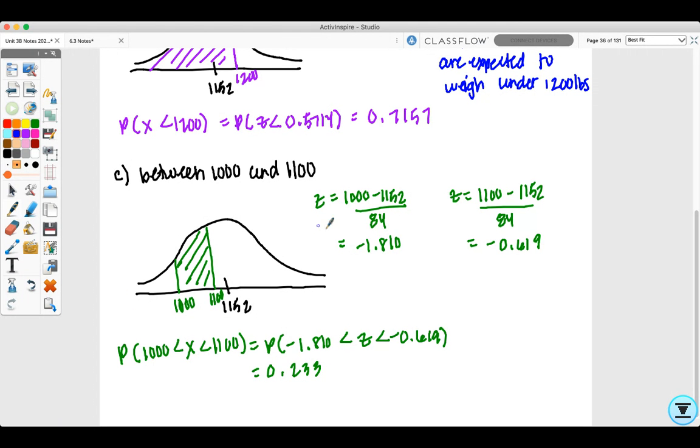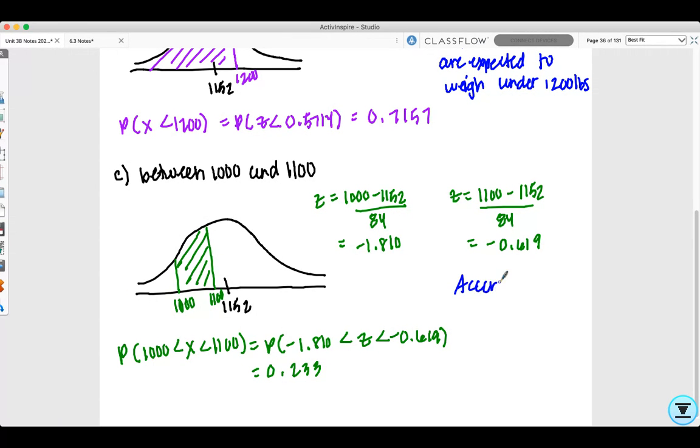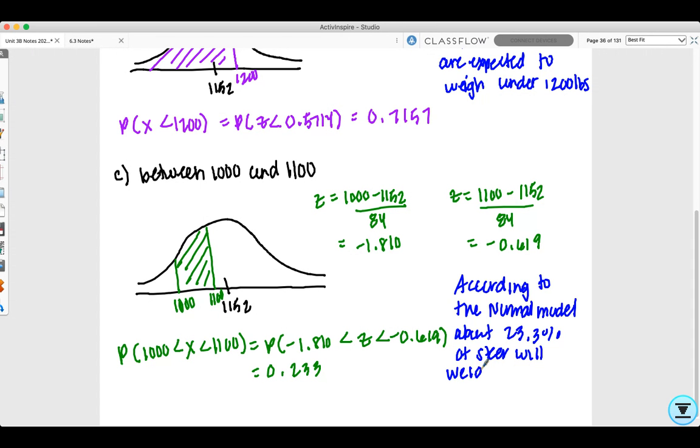So you should say according to the model, the normal model, about 23.3% of steers will weigh between 1,000 and 1,100 pounds.